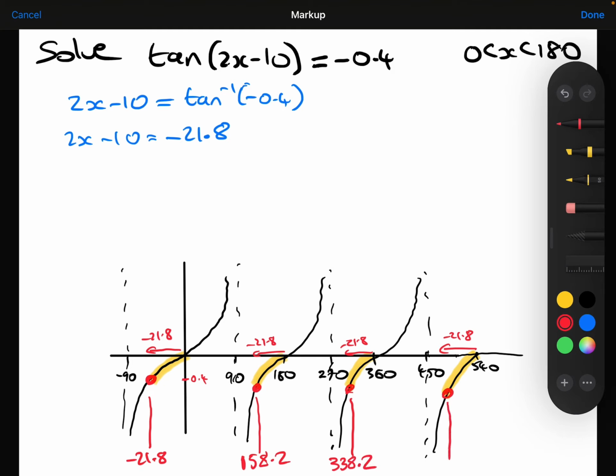And this answer over here is going to be 540 minus 21.8, which gives 518.2. So these are the different answers to when the tan graph is equal to minus 0.4.